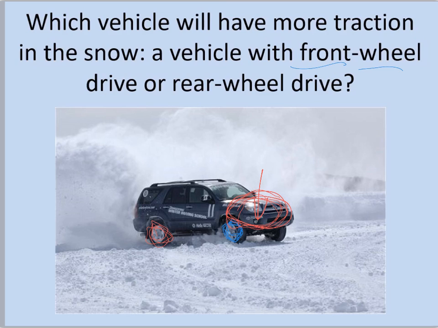Well, what's that going to do to our traction if we are pushing down on the front more than the back? It's going to make our traction greater because we're increasing the normal force by pushing down more. So hopefully you answered that the front-wheel drive is going to have more traction because the engine is over the wheels and they're pushing down on the wheels, causing it to hold on to the snow better.